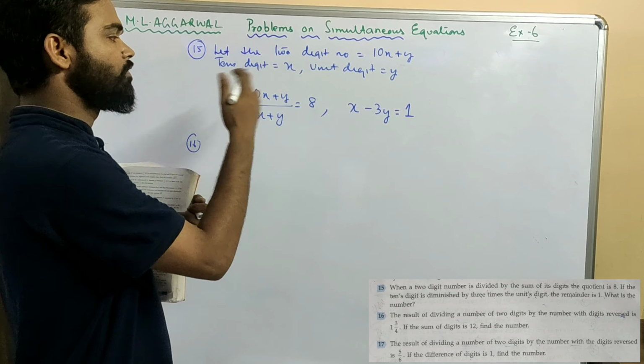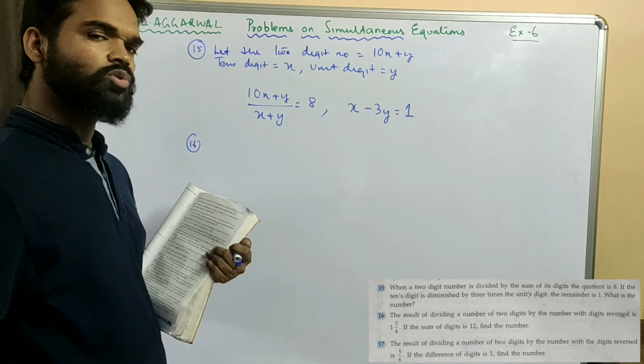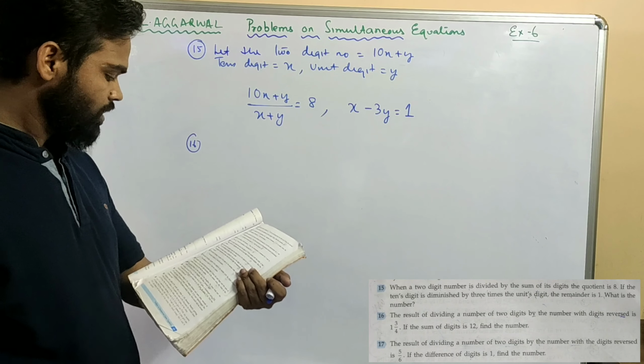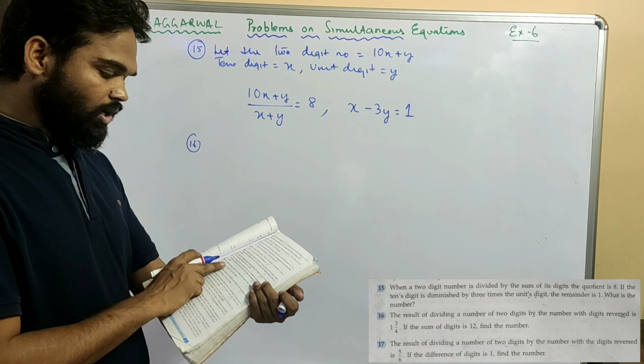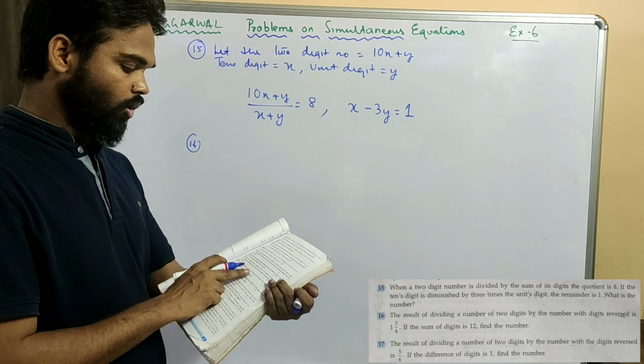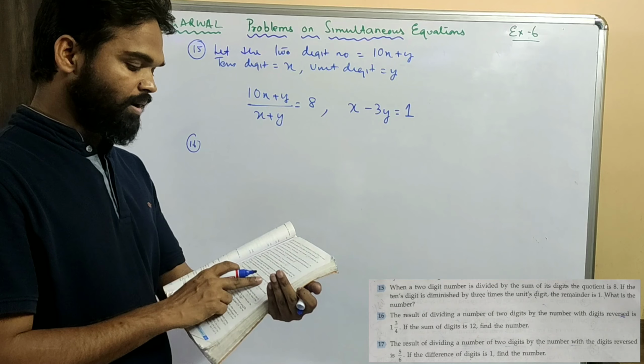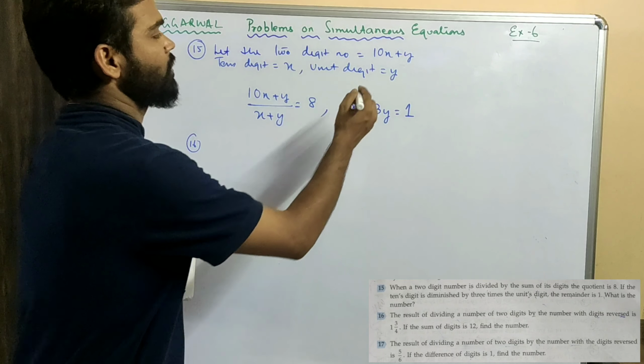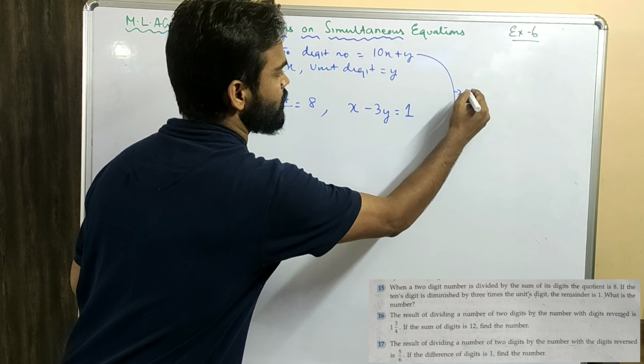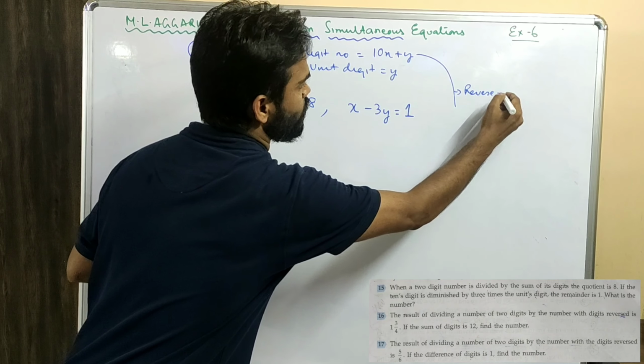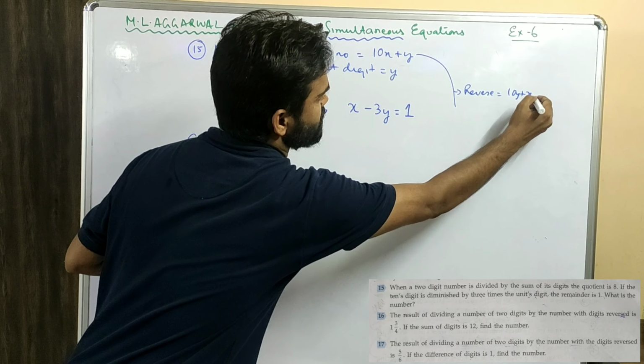Cross multiply, frame my equation, and then solve it. Clear? Look at 16. The result of dividing a number of 2 digits by the number with digits reversed. Actually, with the reverse, it will be 10y plus x.